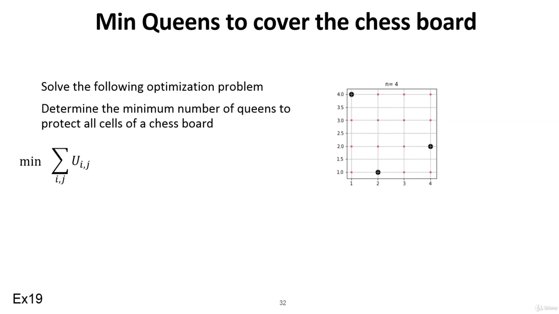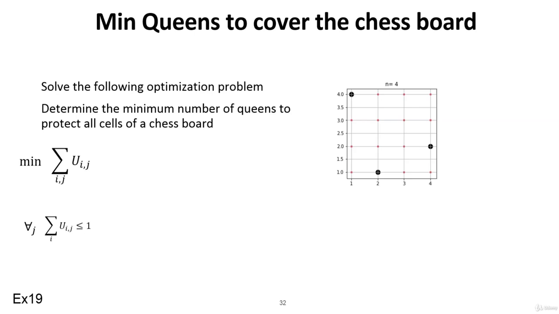Then we need to define it as an optimization problem if we want to solve it for the general case. So we do the summation over i and j, and u_ij is a binary variable representing whether a queen exists on the cell i, j.